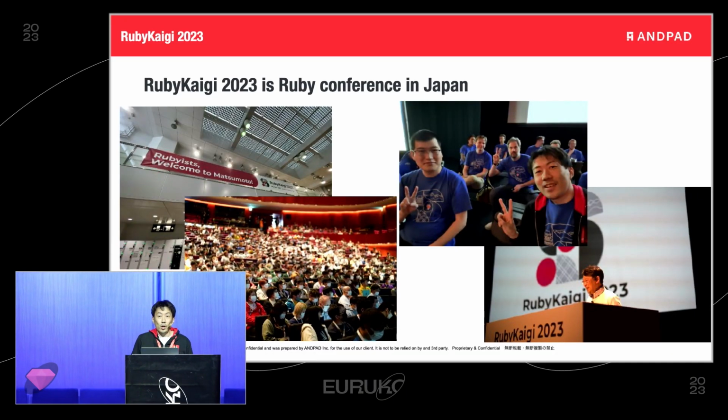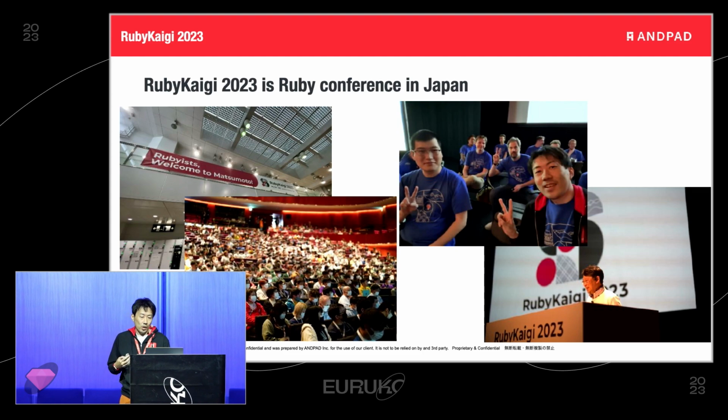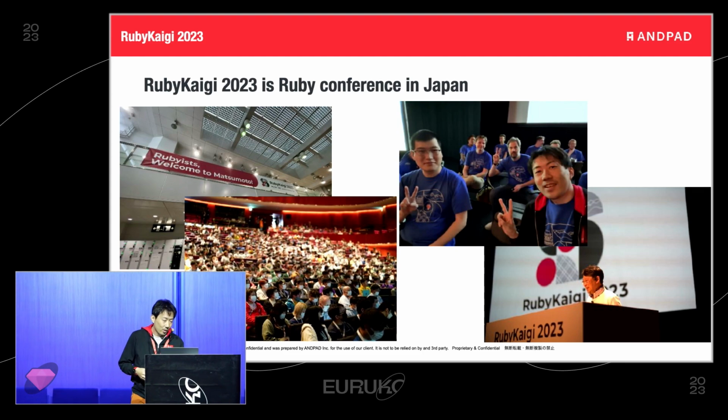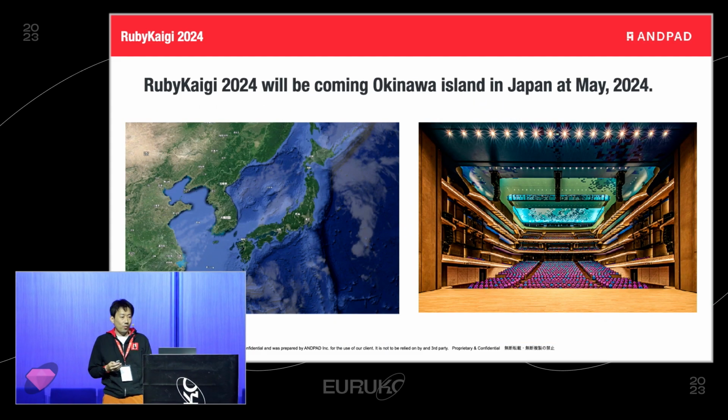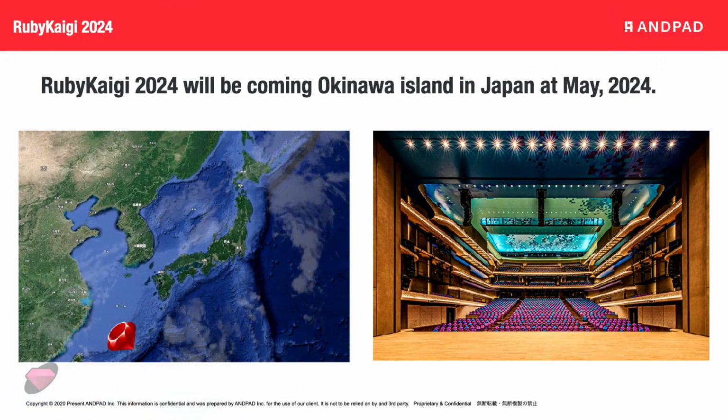You can talk about the Ruby language and eat delicious food and drink. RubyKaigi 2024 is landing in Okinawa, a beautiful sea and resort island in Japan. I'm looking forward to seeing you again at RubyKaigi in May 2024. Please submit your proposal to RubyKaigi.